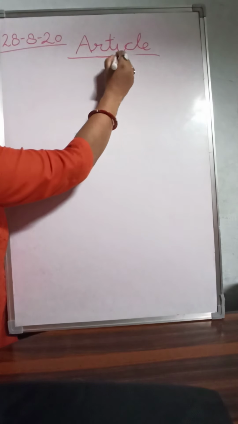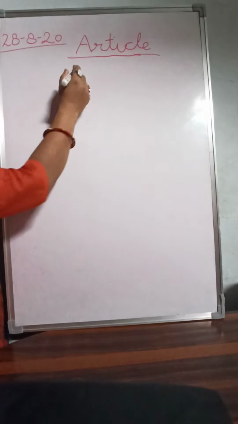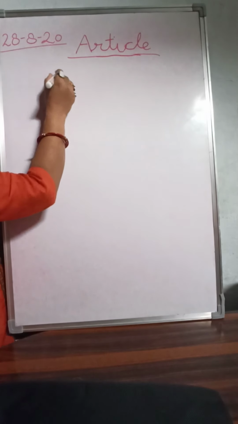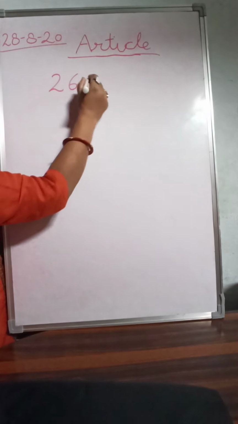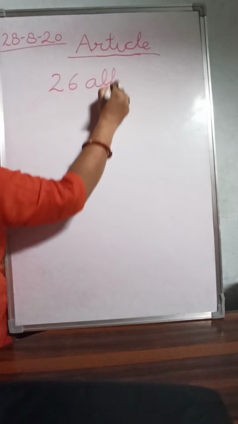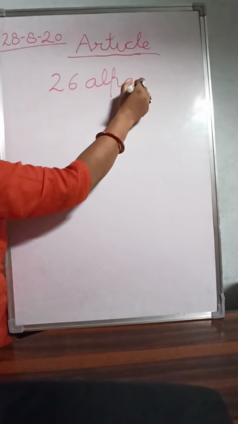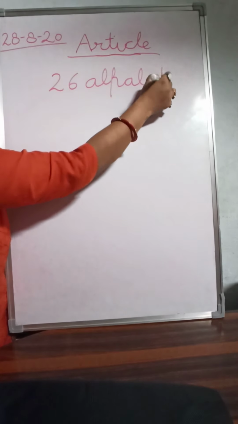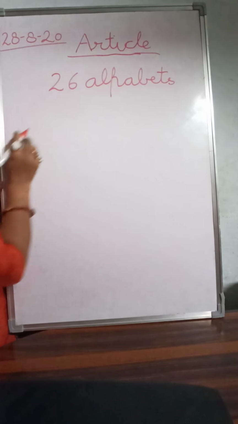Friends, as we know, there are 26 alphabets in English. How many alphabets are there? There are 26 alphabets. Okay.